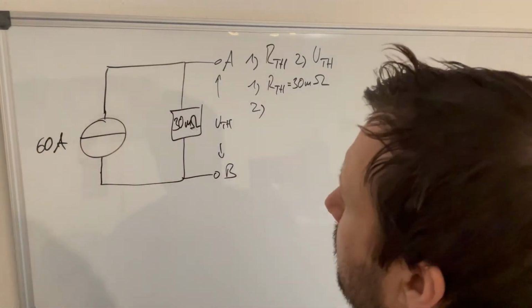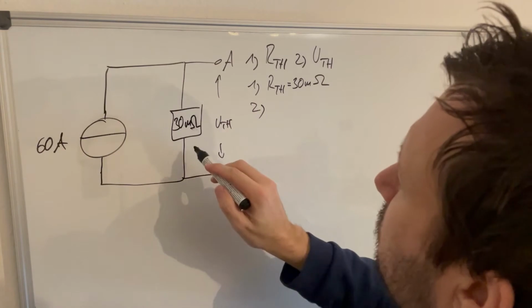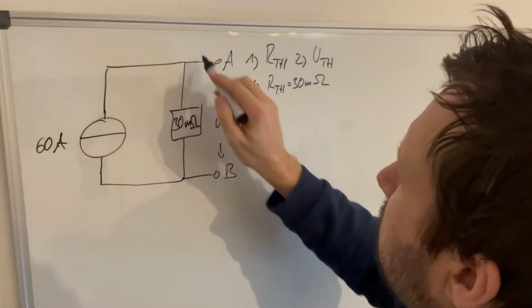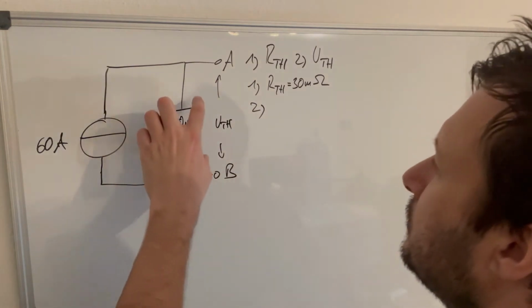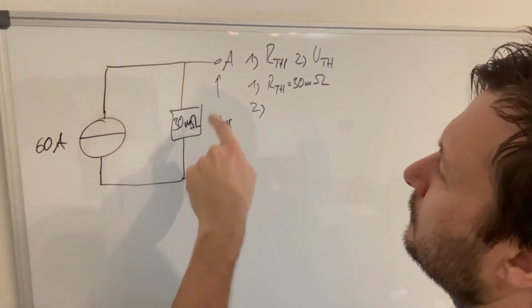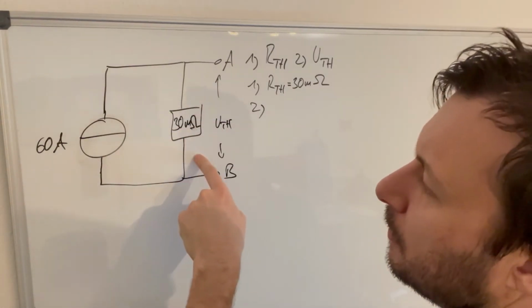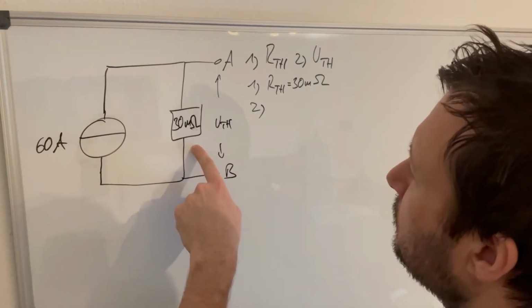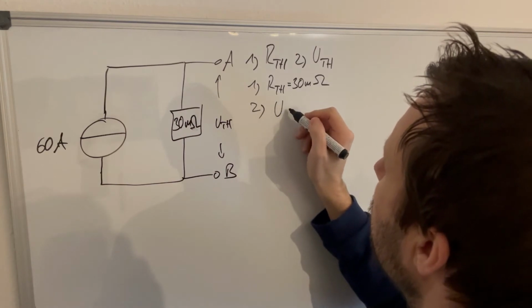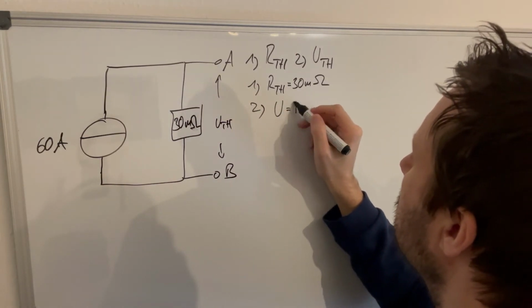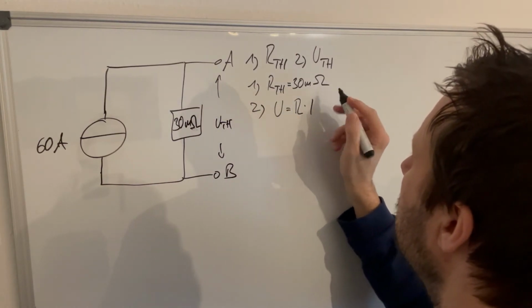And then we can say, okay, this 60 amps go through this 30 milliohm resistor, and because of that there is a voltage drop across this resistor, which will be our A to B potential difference, which we want, Thevenin's voltage. So we have voltage equals resistance times current.